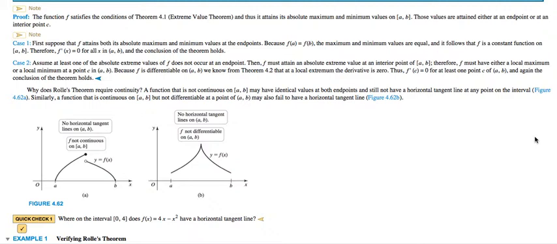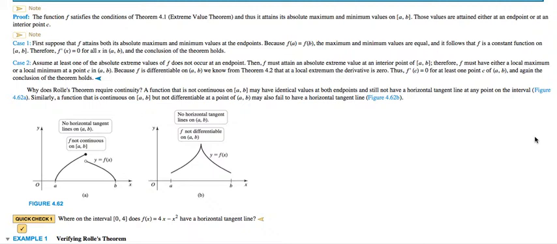So if the function attains both its absolute maximum and minimum values at the endpoints, because f of a equals f of b, then the maximum and minimum values are equal, so the function has to be a constant function, and so the derivative of the function is 0 for every point inside the open interval.